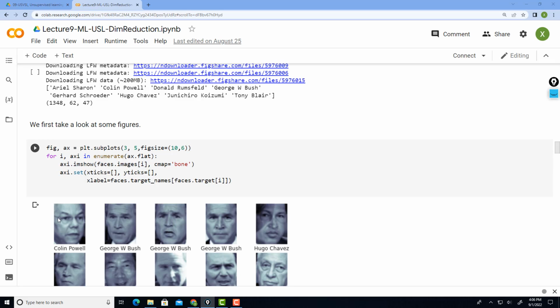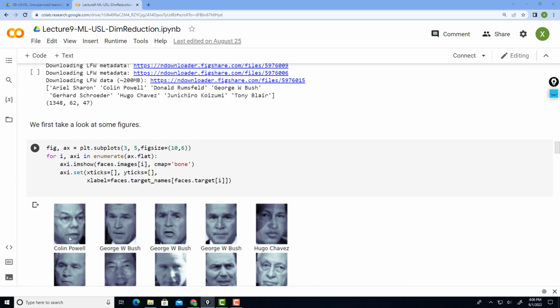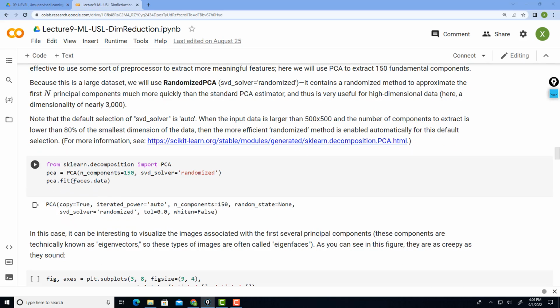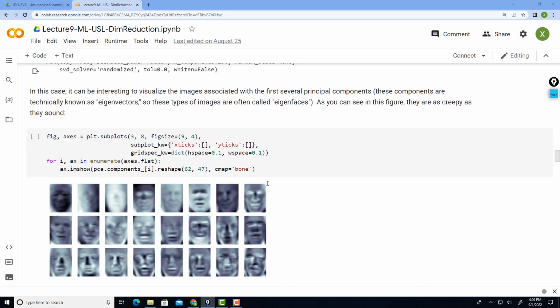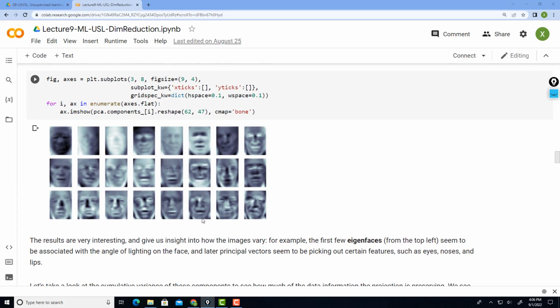As we explained earlier in the support vector machine session, because the number of pixels is really large, more than 3,000, instead of directly using that as input features, you first do the principal component analysis to reduce the number of features. Then after you reduce the original more than 3,000 pixel values into 150 principal component features, you apply the supervised machine learning model, for example, support vector machine, to do the face recognition.